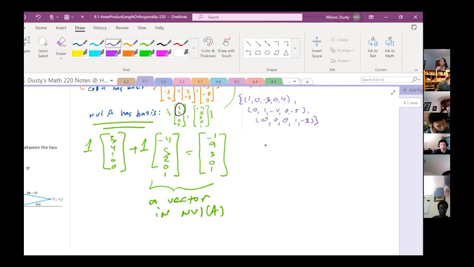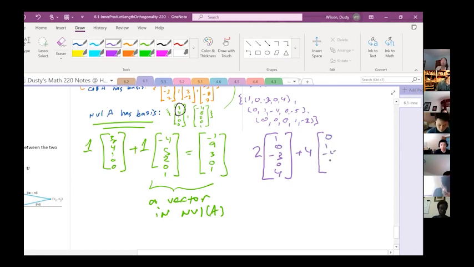I know this sounds weird, but I'm going to treat them like column vectors. So I've got 1, 0, -3, 0, 4. I changed my row into a column for the sake of the exercise. Plus 4 times 0, 1, -4, 0, -5, plus 1. Again, the 2, 4, 1 came from you giving me random numbers to work with.